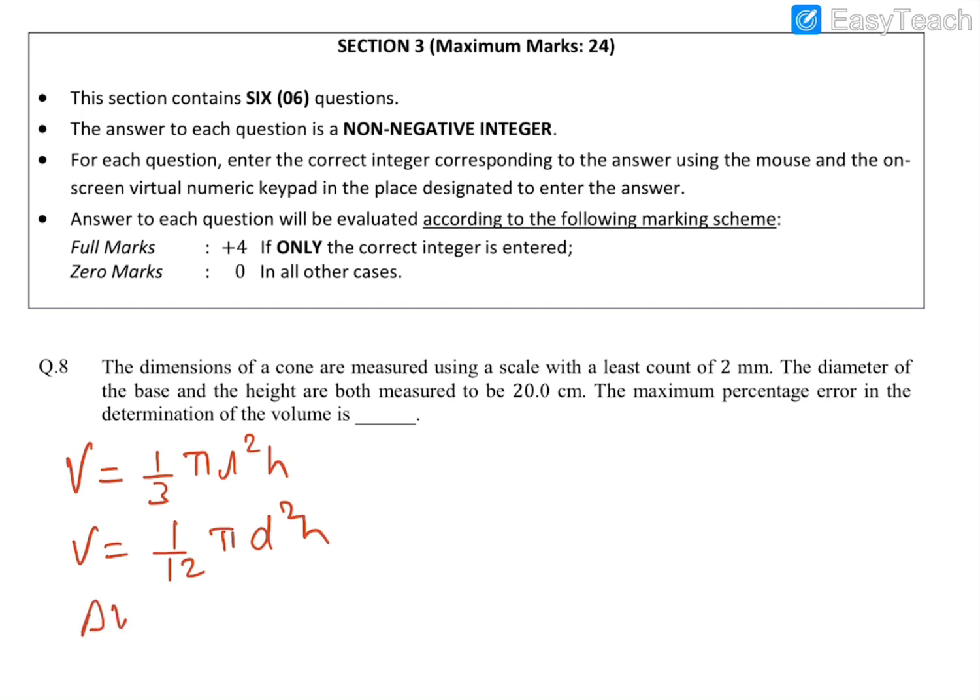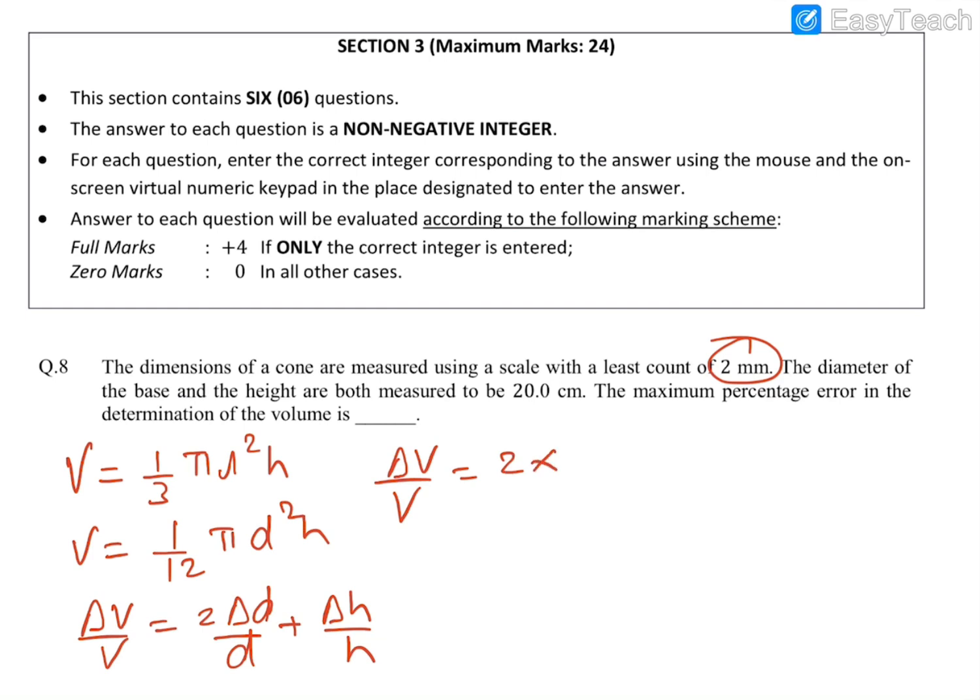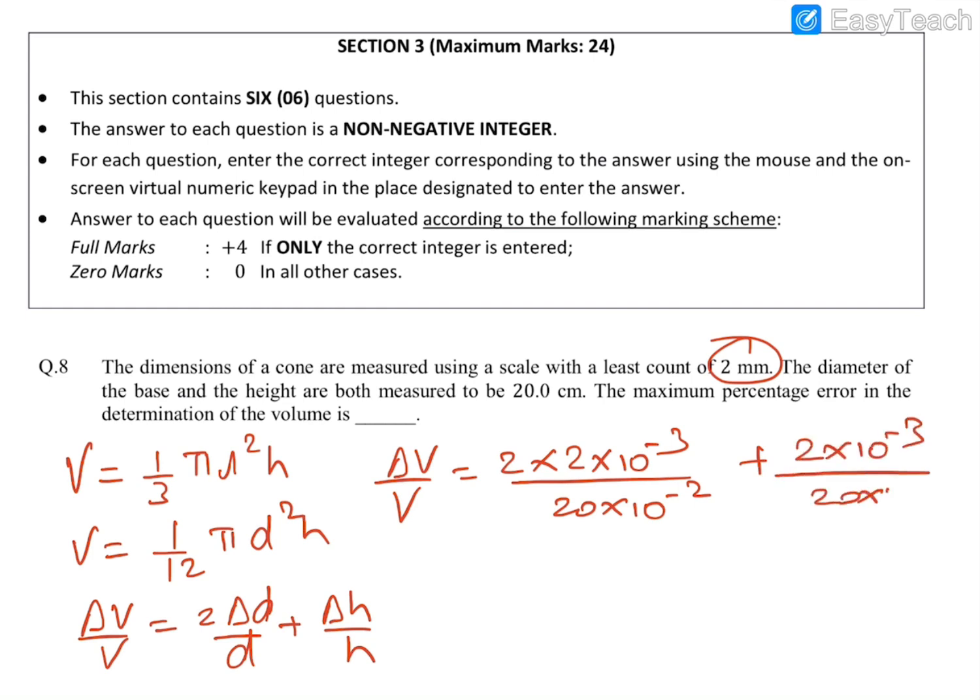So delta v by v will be equal to 2 delta d by d plus delta h by h, and we know that we have to consider least count as error. So delta v by v will be equal to 2 times of 2 into 10 raised to power minus 3 divided by diameter is 20, so 20 into 10 raised to power minus 2, plus delta h is 2 into 10 raised to power minus 3 divided by 20 into 10 raised to power minus 2.